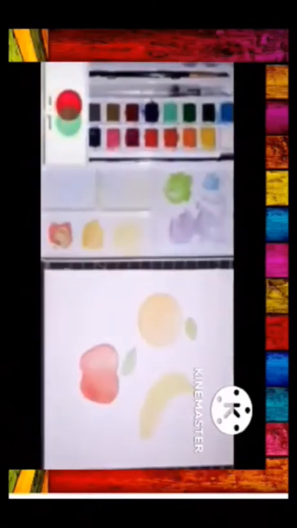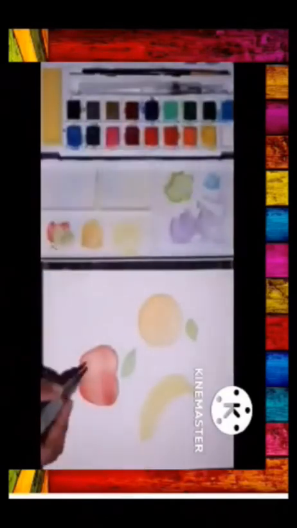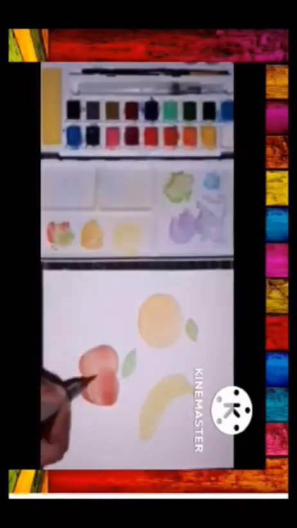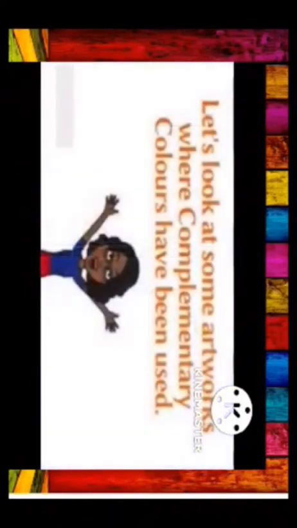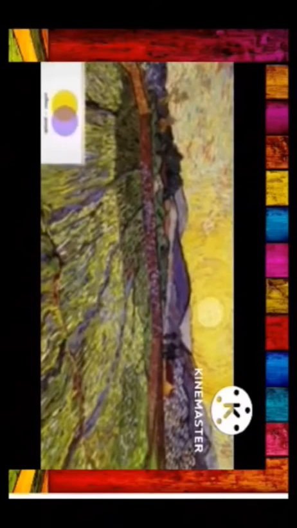And if you're painting an apple, use some green. Let's look at some artworks where complementary colors have been used. First up, we have a painting by Vincent van Gogh. What stands out when you look at this picture? The yellow sun and sky pop out from behind the purple mountain range.